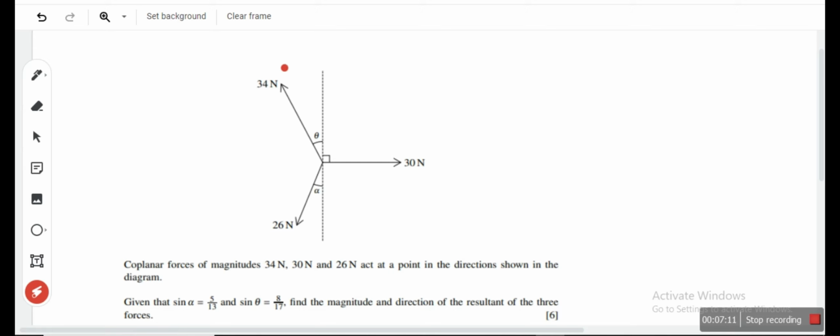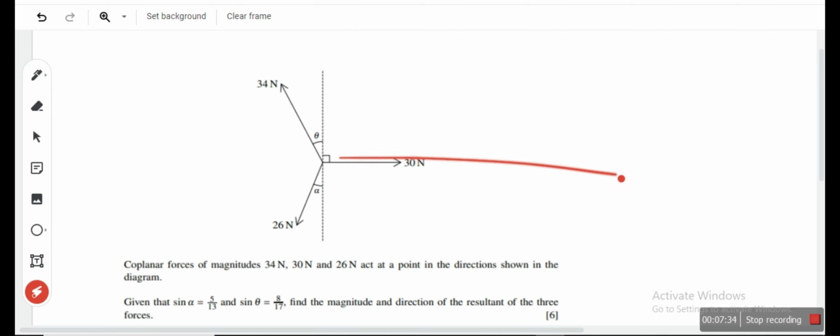We should find the resultant force and its direction, which is the angle that the resultant force makes with the horizontal axis.